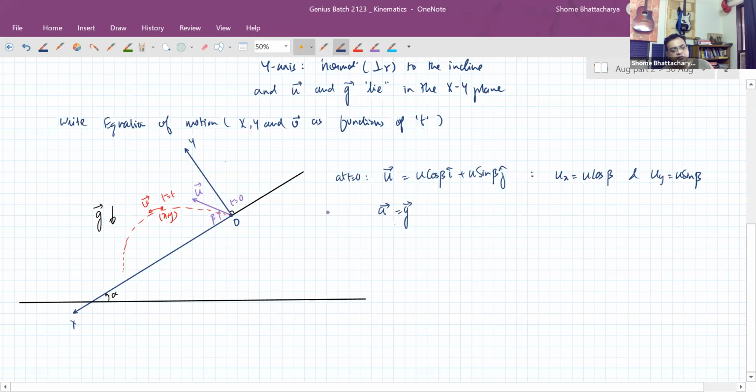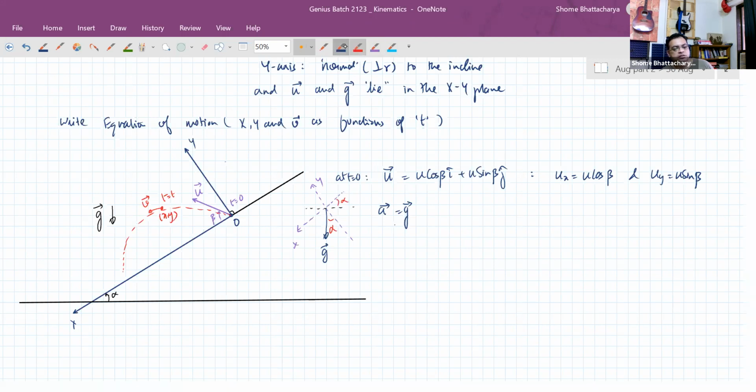So the g vector you can see is like this now, with respect to our coordinate frame, like this. This is the y-axis, this is our x-axis. This angle here is going to become alpha because this angle is alpha.